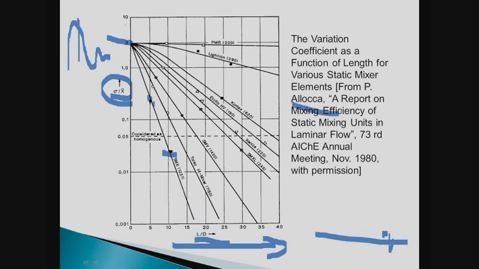I'm not sure about the details of this experiment, but I would suspect he had a flow loop. He could jam in a static mixer, take two data points, pull it out. Jam in another static mixer, take two data points, pull it out. Same thing here, same thing down here. So he was doing a two-point experiment. Actually, he only needed to do one. Anyway, with two data points, he established the lines for each of these static mixers, right?